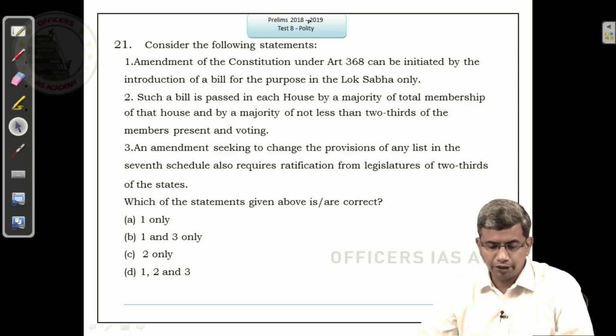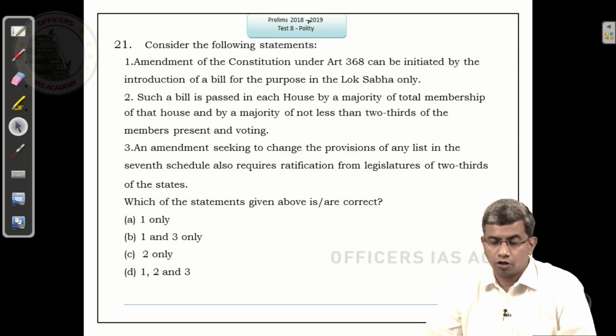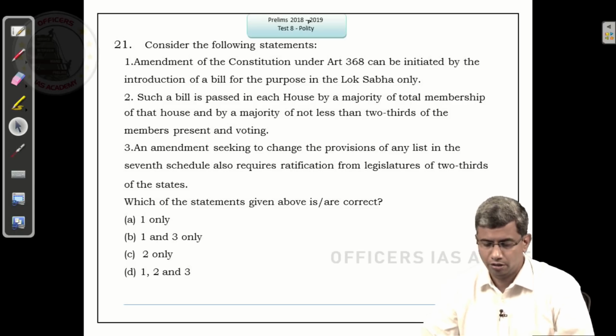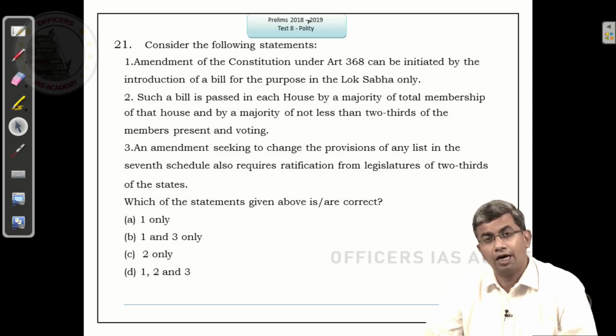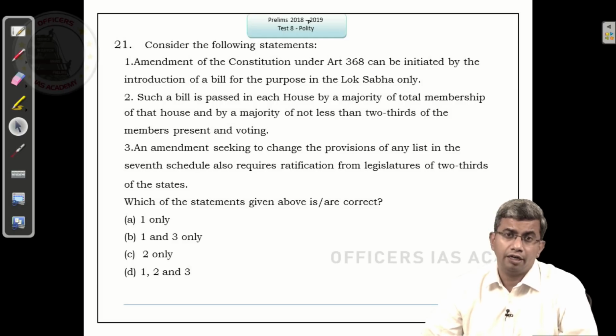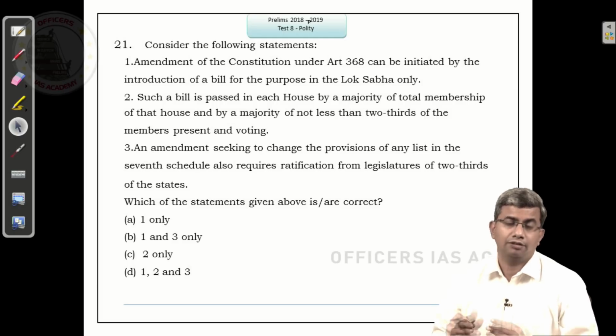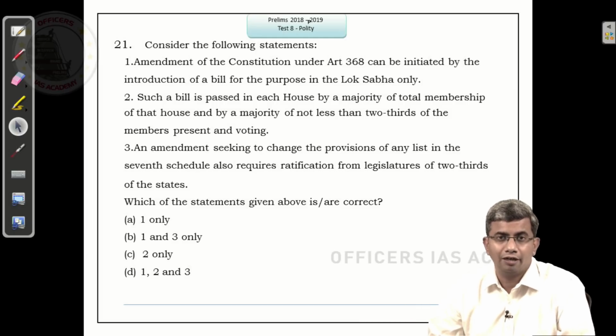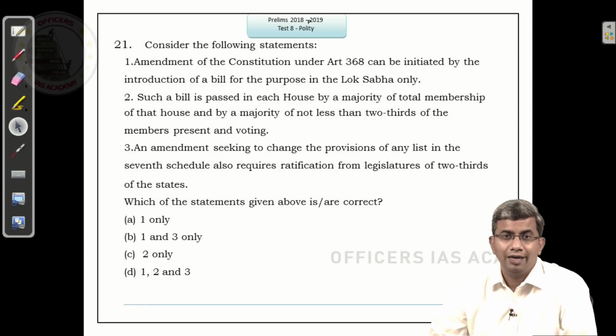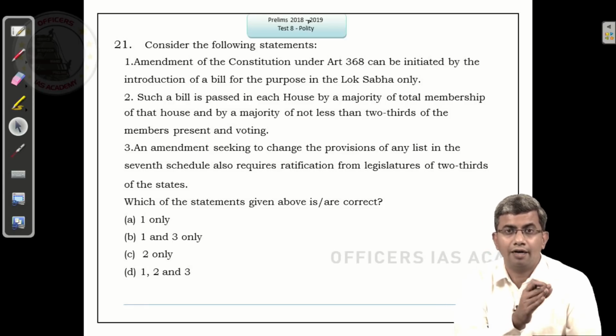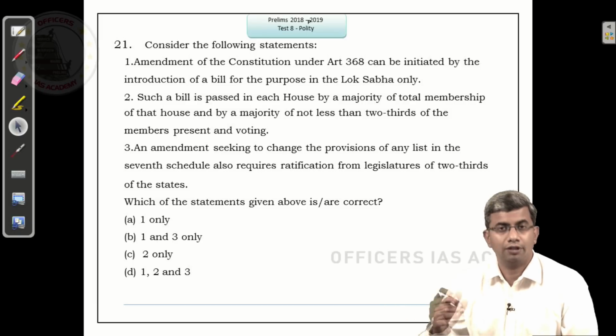Consider the following statements. Amendment of the Constitution under Article 368 can be initiated by introduction of a bill for the purpose in the Lok Sabha only. Which of the above statements are correct? Only a money bill can be introduced only in the Lok Sabha. Financial bill of category A, as we use it colloquially, is a bill which provides for any of the matters listed in Article 110(1) A to F along with other matters.